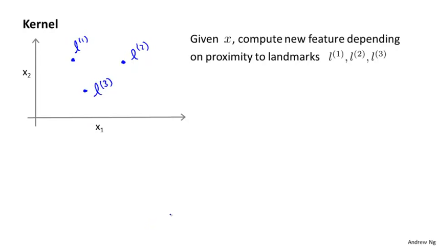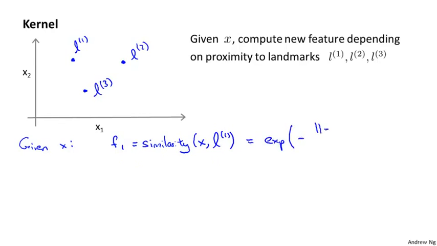What I'm going to do is define my new features as follows. Given an example x, let me define my first feature, f1, to be some measure of the similarity between my training example x and my first landmark. And the specific formula that I'm going to use to measure similarity is e to the minus the length of x minus L1 squared divided by 2 sigma squared.